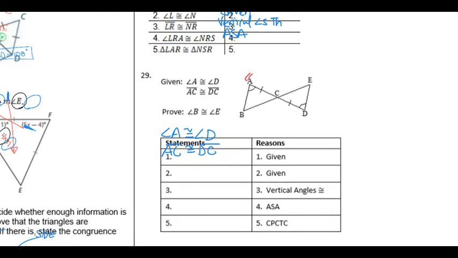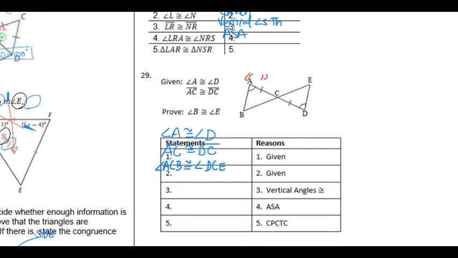So I have to mark it with twice instead of once. But I do have to name them, and this is a shared vertex, which means this point here in the middle is being shared by both triangles and both angles. That means I cannot just name it angle C. So I'm going to need to name the angles ACB, and that should be congruent to angle DCE.